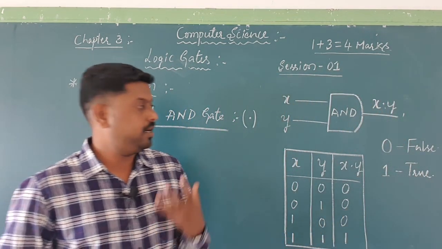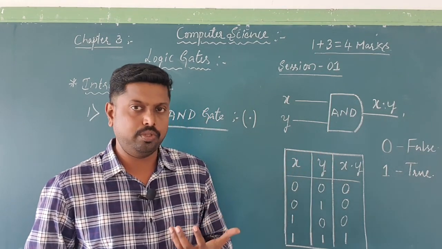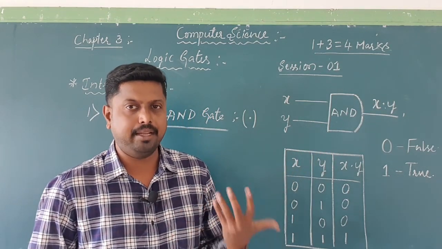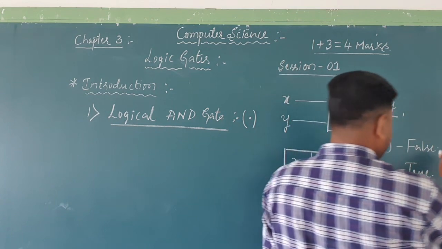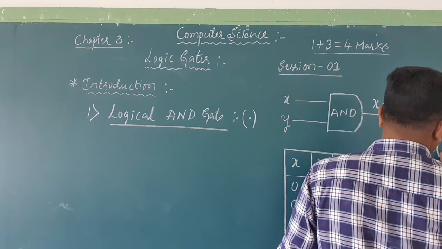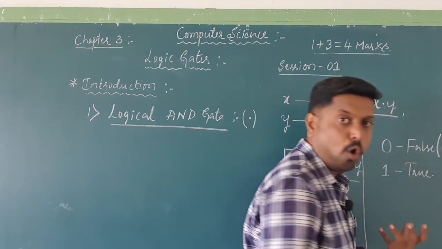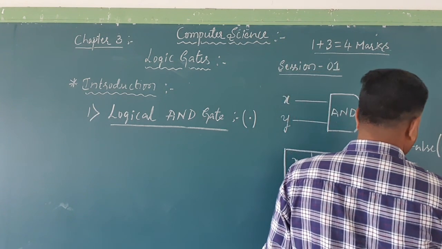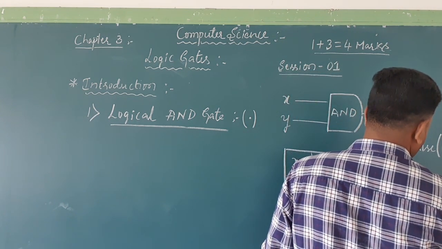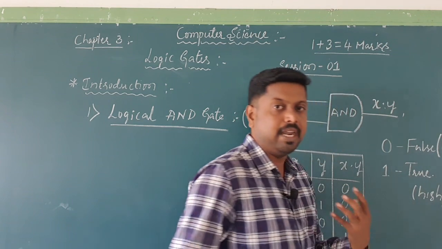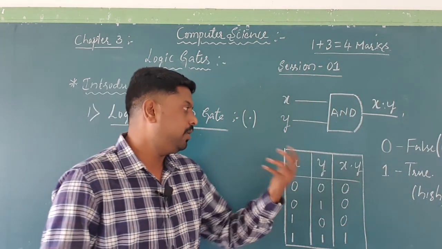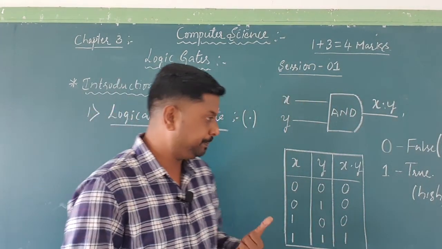So 0 and 1, false and true, that also we will call like that as an input. And also sometimes for the false we will write low, and for true high, another name. Like this also we will represent somewhere. So one thing is just you remember this one.